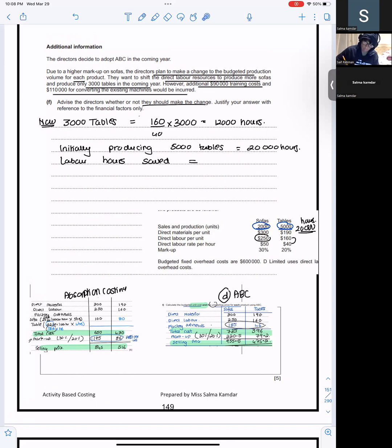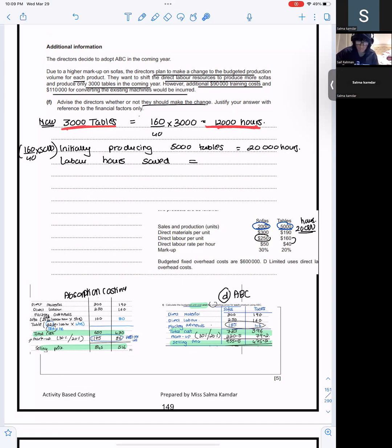First, they were producing 5,000 tables, which was requiring 20,000 hours. How did I get 20,000 hours? 160 divided by 40, into 5,000. Now they are going to produce only 3,000 tables, which will require 12,000 hours.